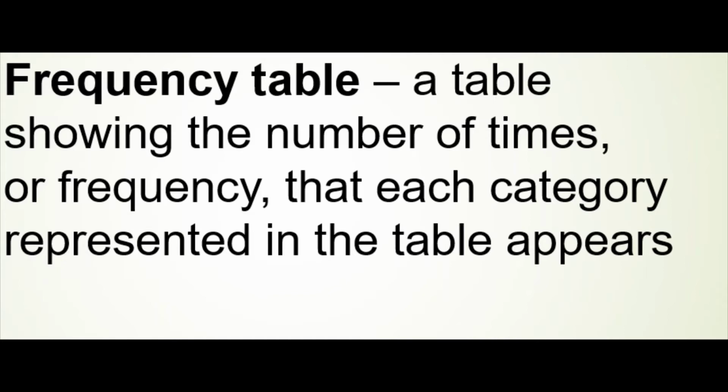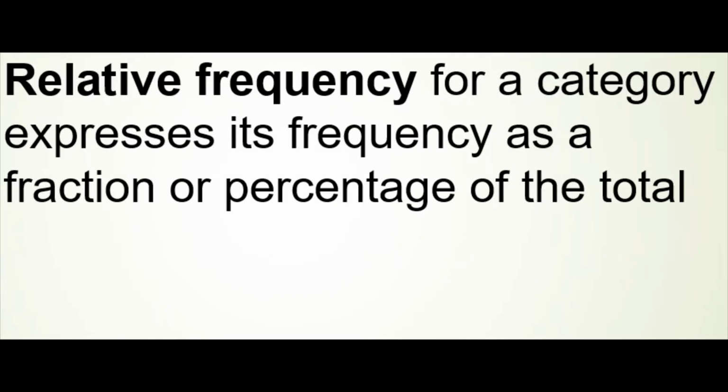Now on our frequency table, we're going to have two additional columns. One is for relative frequency. So relative frequency for a category expresses its frequency as a fraction or percentage of the total. So this is often going to be more helpful. So for example, if I say that 30 of my students have earned A's in the class, that might not be meaningful to you if you don't know how many students I have.